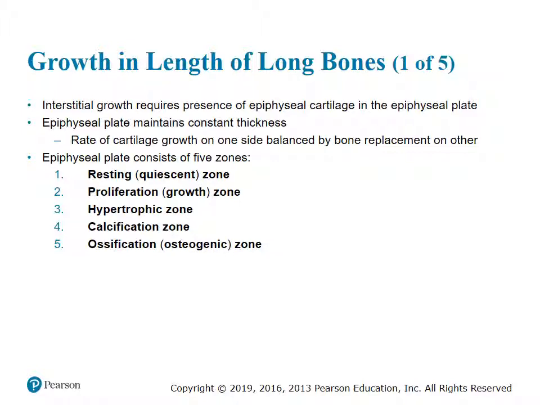So when we took a look at the length of bone, in particular the longitudinal growth, as I mentioned, the epiphyseal plate plays the major role in growing the bone lengthwise. And so we see this occurring in these 5 zones, right? The resting zone, proliferation zone, hypertrophic zone, calcification zone, and ossification zone.